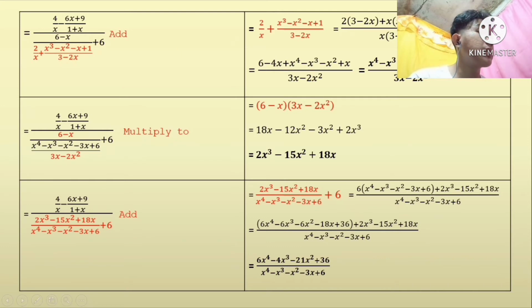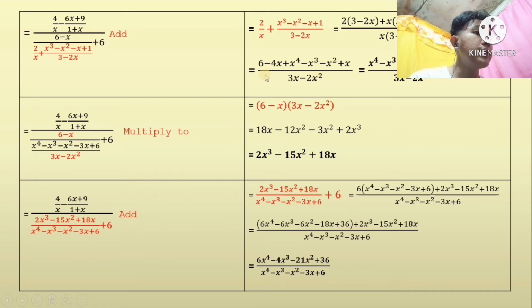So let's calculate. So it will become 2 times 3 minus 2x plus x times x cubed minus x squared minus x plus 1 over x times 3 minus 2x. So distribute 2 to 3 minus 2x and distribute x to x cubed minus x squared minus x plus 1.